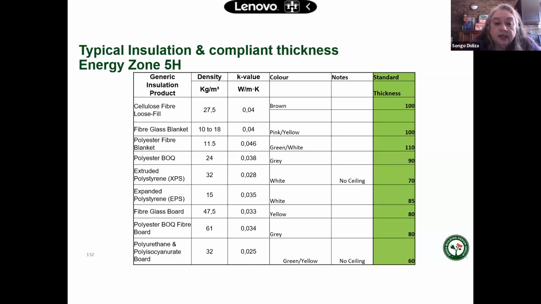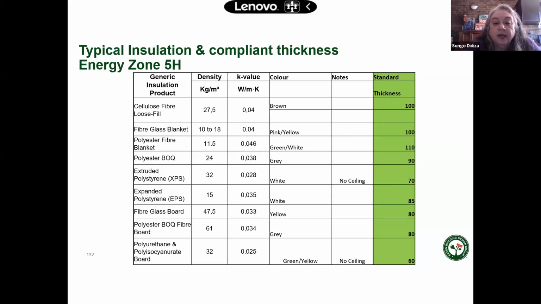Now, if you look at it, we've got cellulose fiber, we've got fiberglass blanket, we've got polyester with 11.5 density. That's generally where the isotherm falls. We've got higher density polyester, 24. We've got expanded polystyrene, extruded polystyrene, fiberglass board, fiberglass blanket, and the foams. Each of those has a different thermal conductivity, the K value.